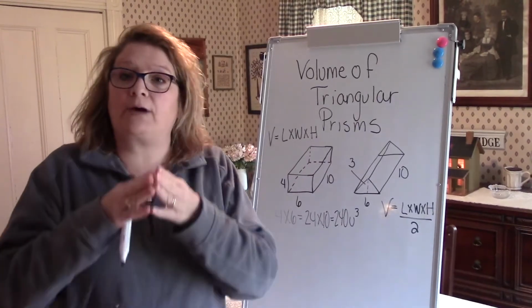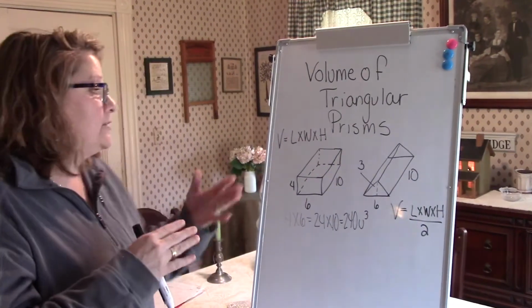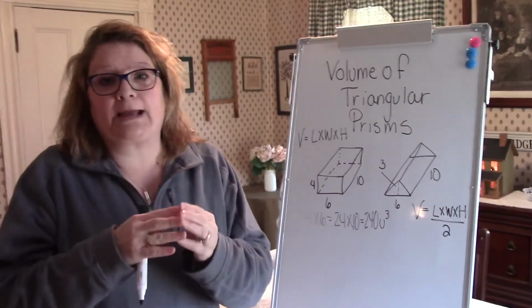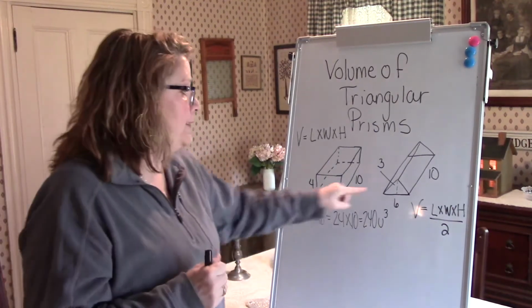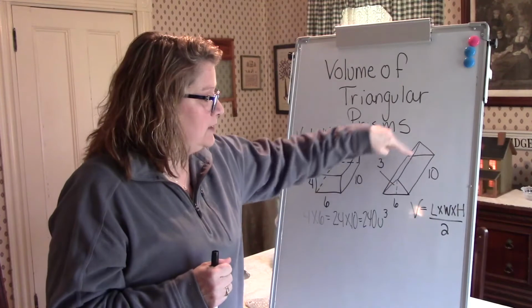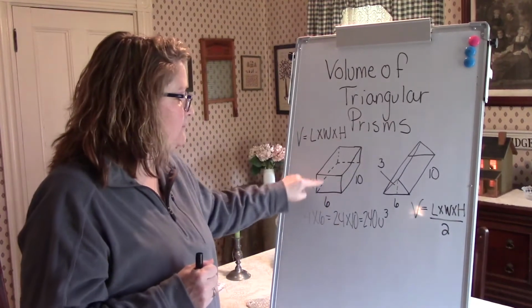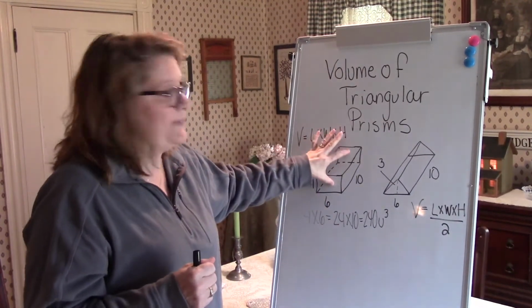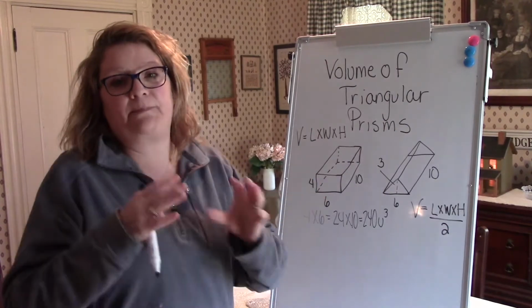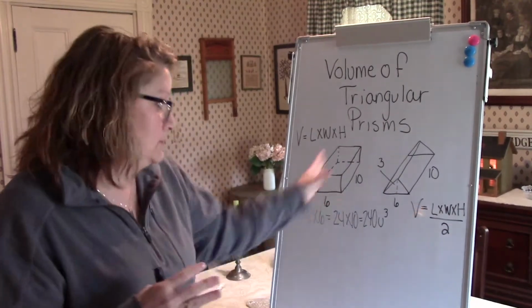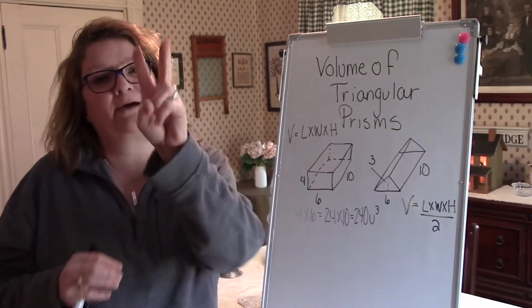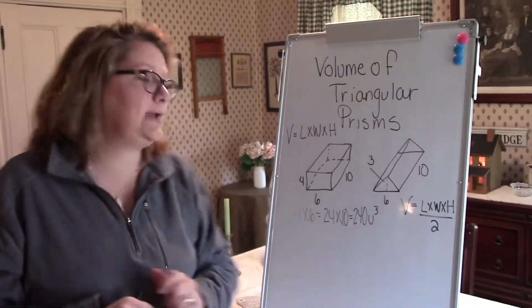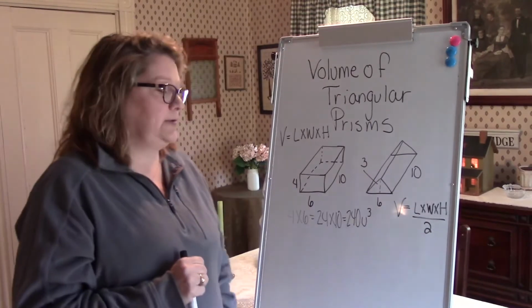When we talk about a base of any three-dimensional figure, there's got to be a match to it. So there's a match to the triangle here, okay? Over here, this is a rectangle. So these are your bases, okay? The base of any rectangular or triangular prism is going to be the shape that you have only 2 of, okay? So we have a triangle here.